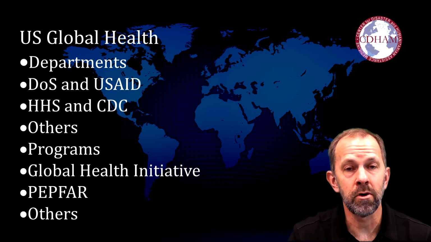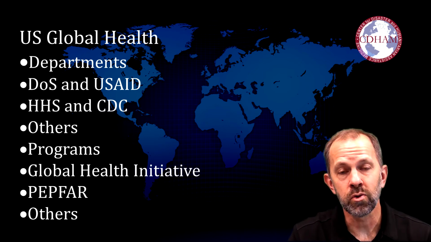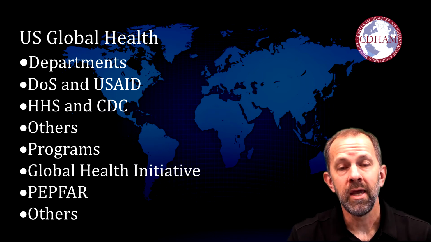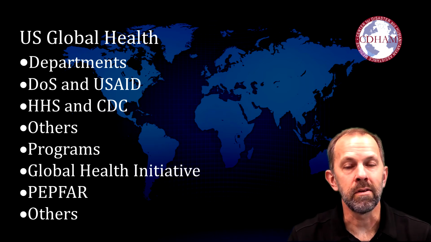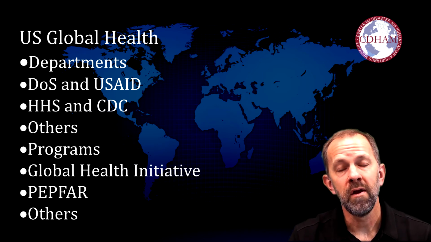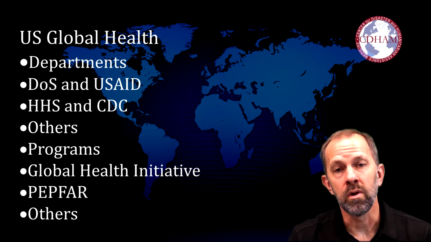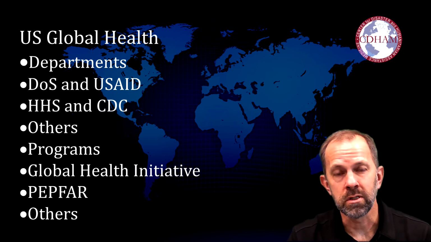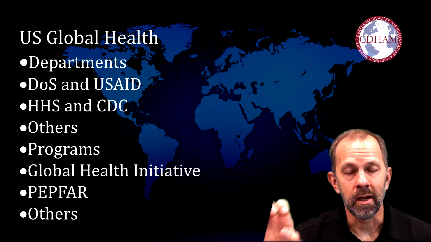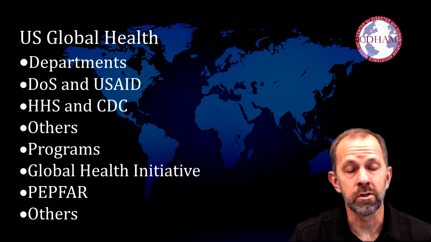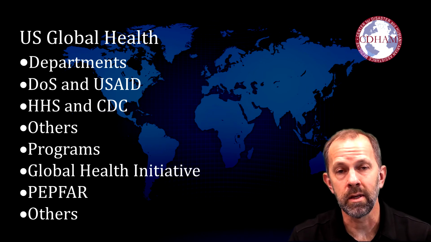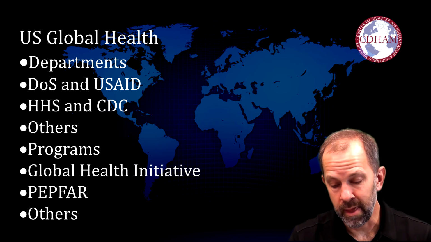PEPFAR is the President's Emergency Plan for AIDS Relief, so established under the Bush administration. It gave something to the tune of $5 billion a year for prevention, but primarily for treatment of those infected with HIV. And so looking to impact and shape and stabilize those countries that have been decimated by that disease.